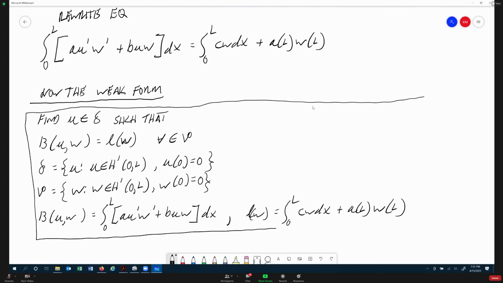This is the boundary value problem that we need to solve using finite element method.